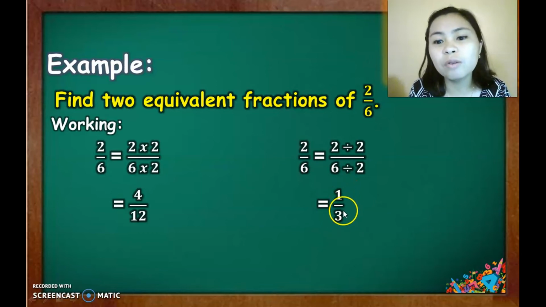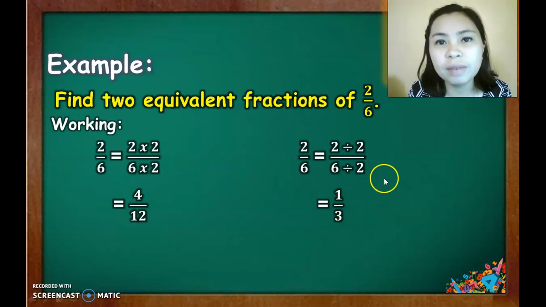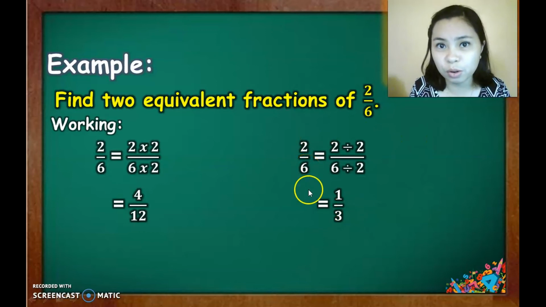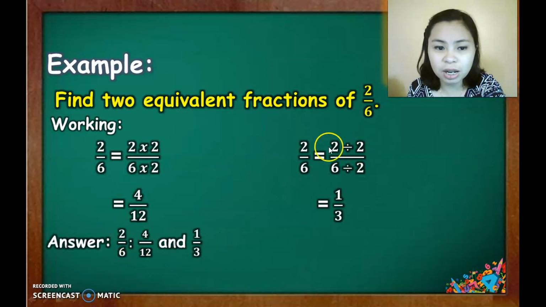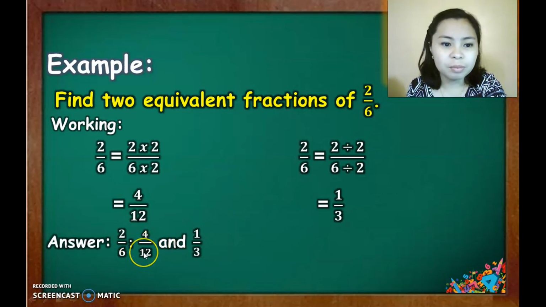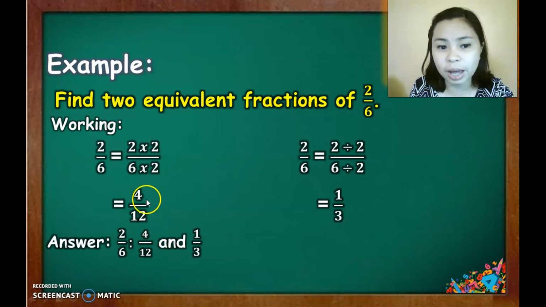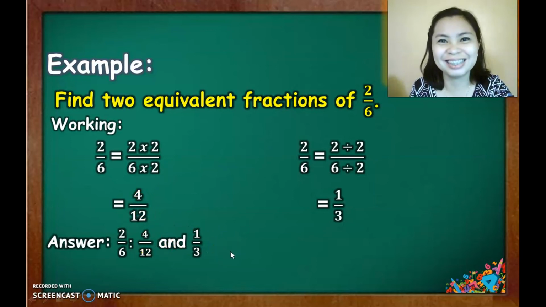So 1 over 3 is equivalent to 2 over 6. So our final answer: for the given fraction 2 over 6, the equivalent fractions are 4 over 12 and 1 over 3.